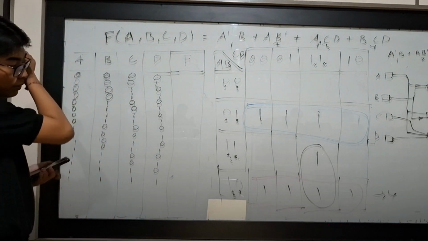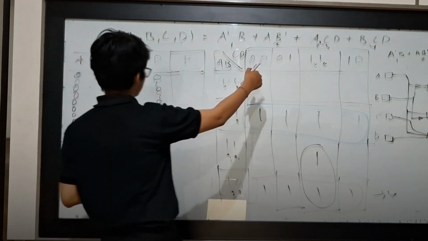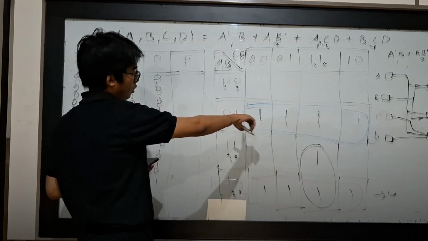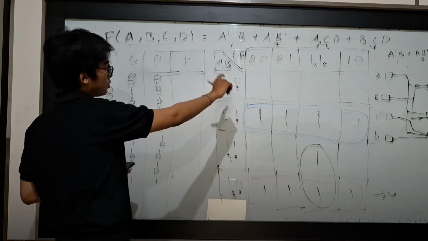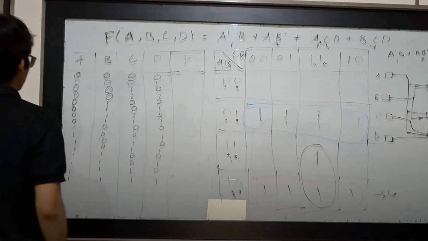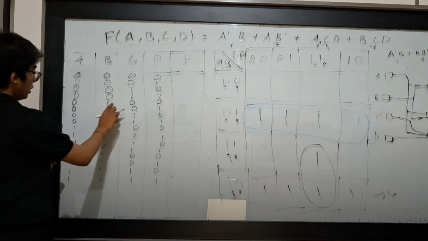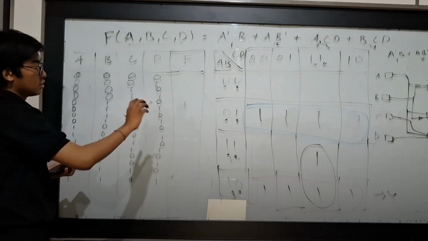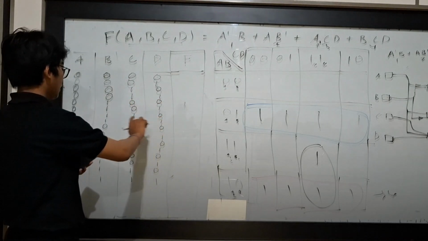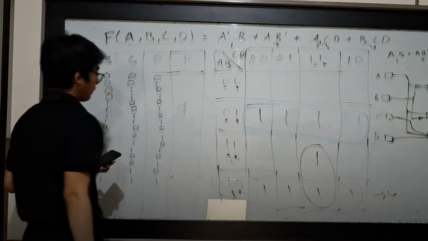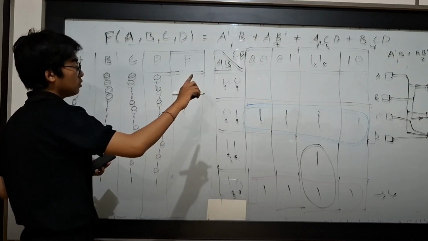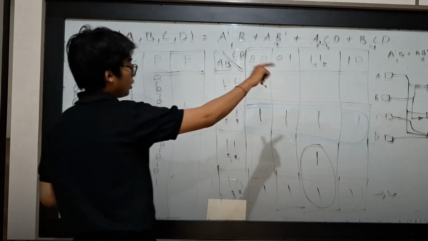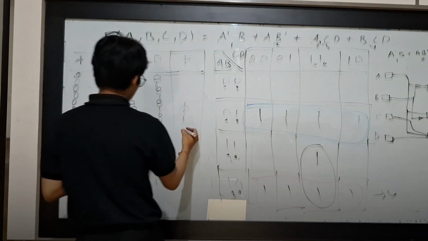Okay. From this area, the input 0, 1, 0, 0 is 1. And then 0, 1, 0, 1 is 1. And then 0, 1, 1, 1 is 1. And then 0, 1, 1, 0 is 1.